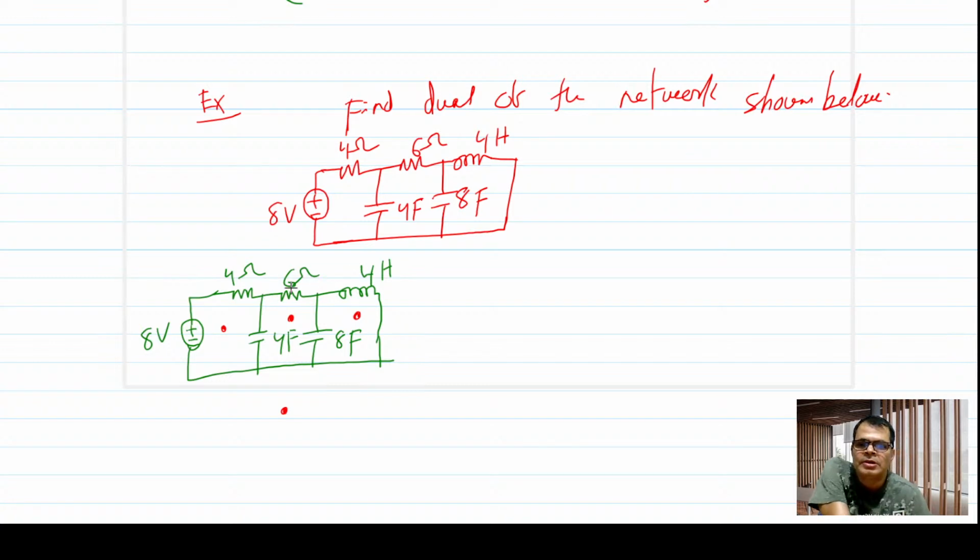For example, to connect this node and this node, only through one element at a time. Any other possibility from this node?